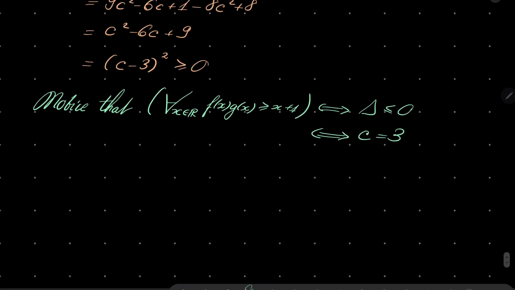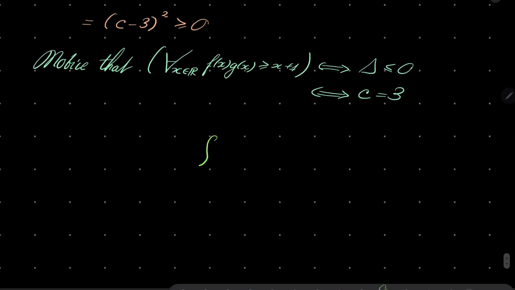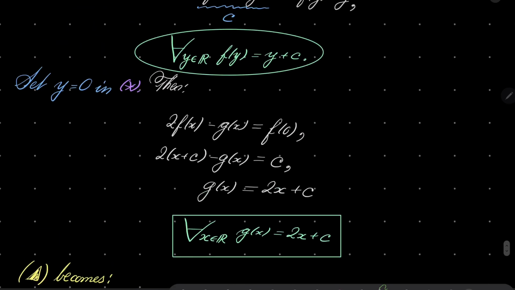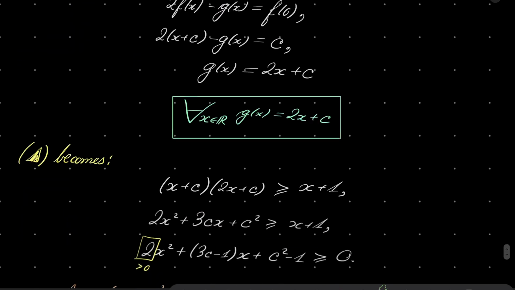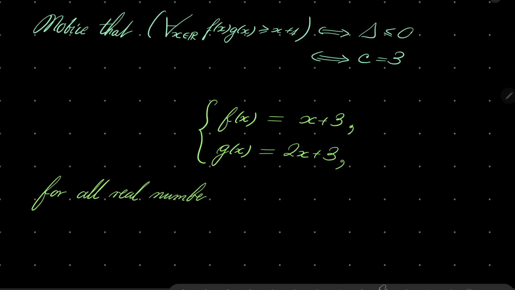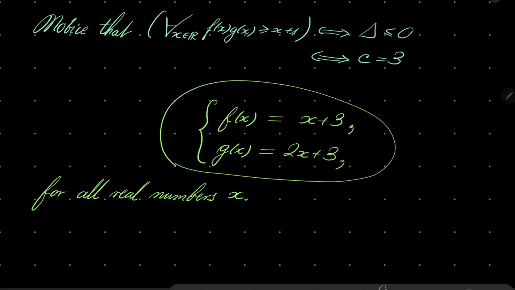And now we have our explicit formula for f and g. f(x) is x + 3, and g(x) is 2x + 3, for all real numbers x. And those are our solutions.